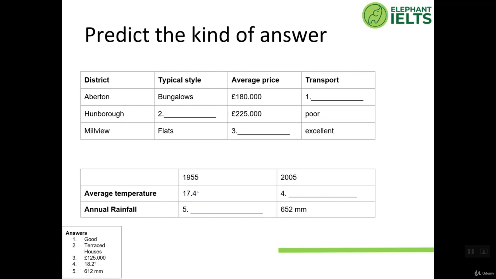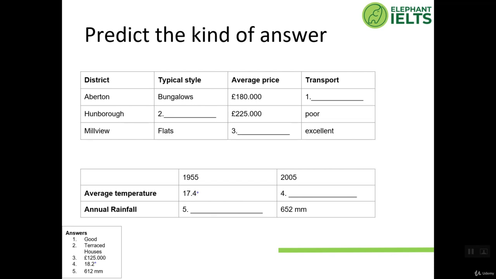Let's look at number 1. It's under the title Transport, and underneath there are some adjectives, poor and excellent. So we guess that we're listening for another adjective. Look at question 2. It's under the title Typical Style, and above we can see the word bungalows, and underneath we can see flats.